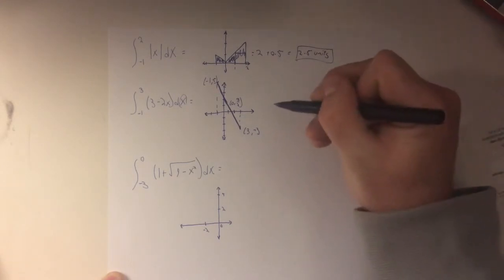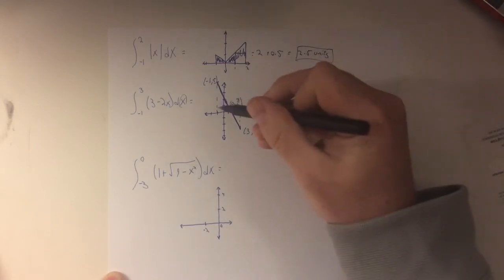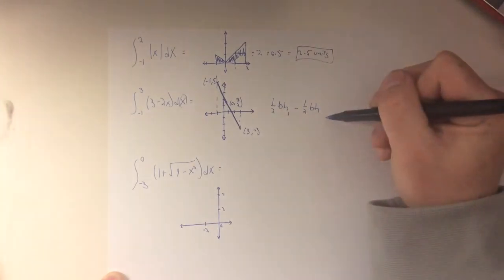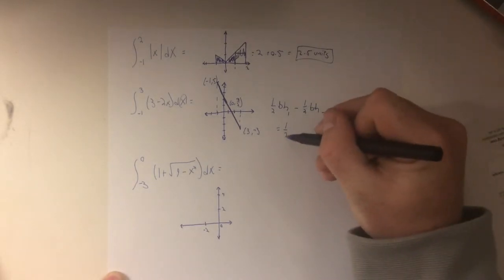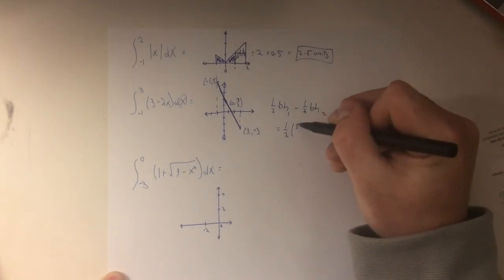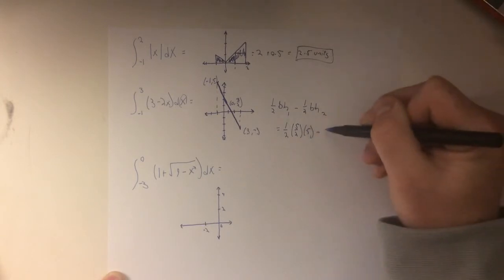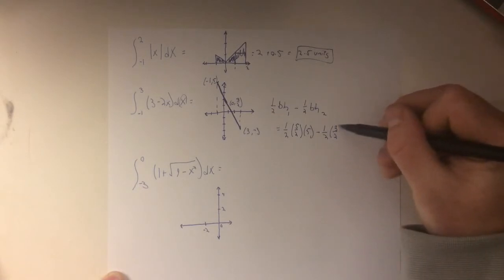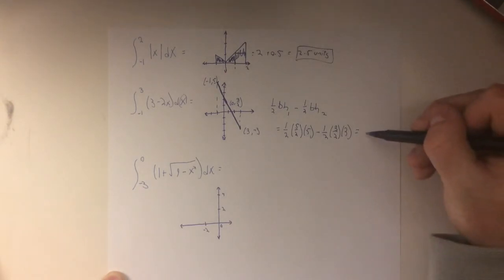The area is going to be 1/2 base times height of this triangle minus 1/2 base times height of that triangle, which pans out to be 1/2 times 5/2 times 5 minus 1/2 times 3/2 times 3, which is equal to 4.